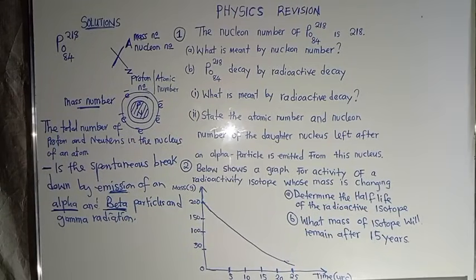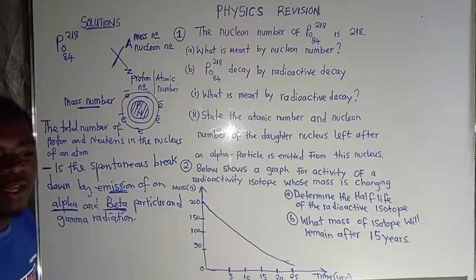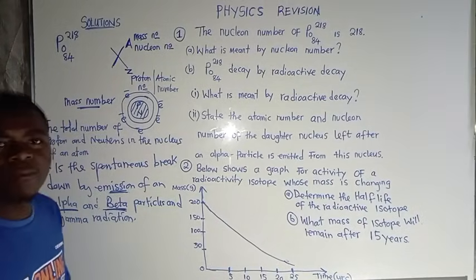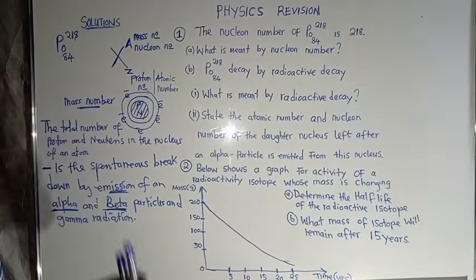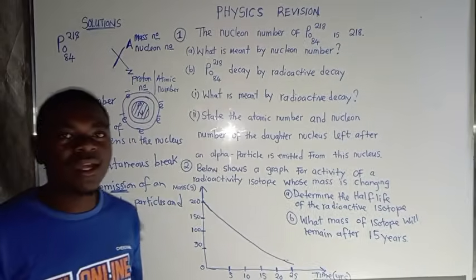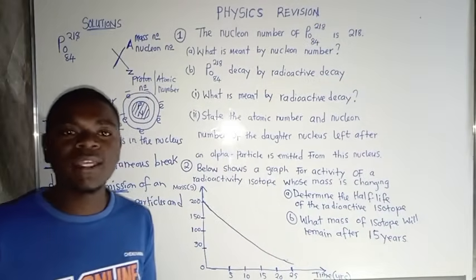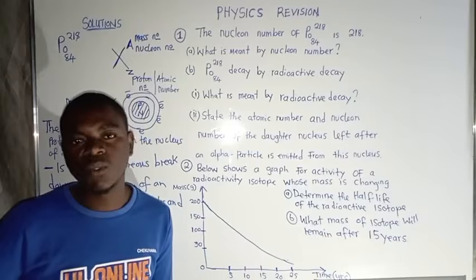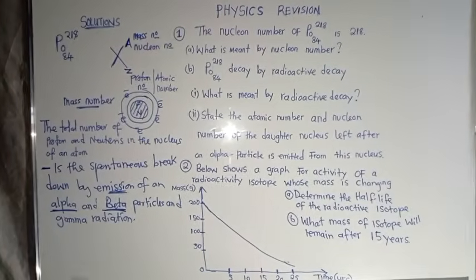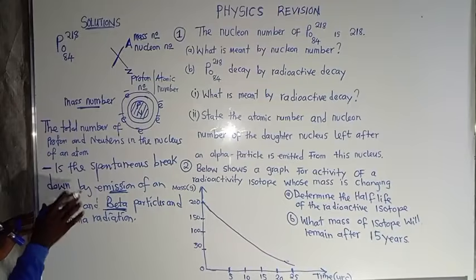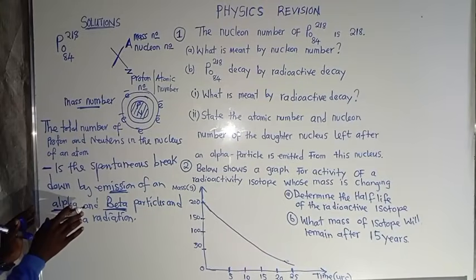That same nucleus can also break down because it is a radioactive decay, and it will just keep on breaking down. We know this happens with elements on the periodic table with atomic number greater than 82. An alpha particle is a helium nucleus.